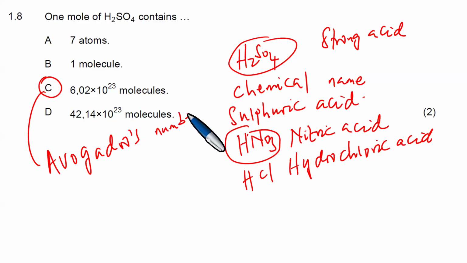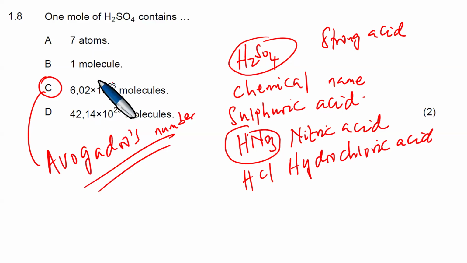It gives us the number of molecules in 1 mole of a substance. So 1 mole of this acid will therefore contain 6,02 times 10 to the 23 molecules. And that is the correct answer.